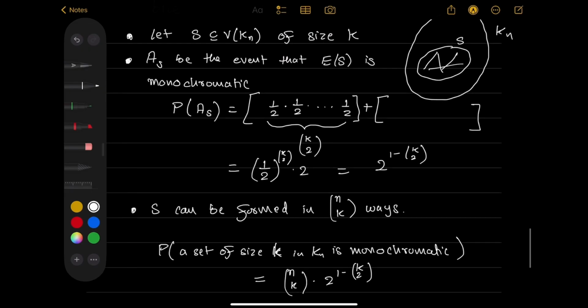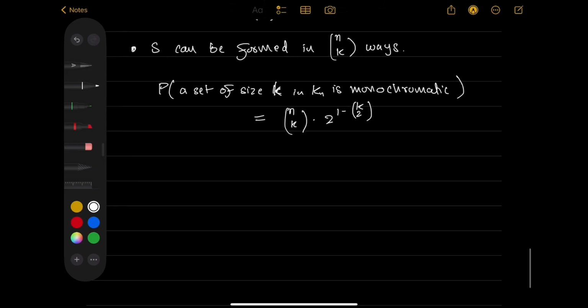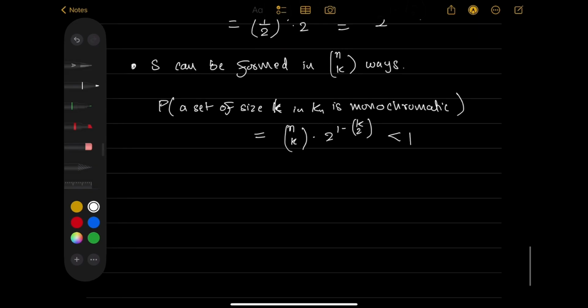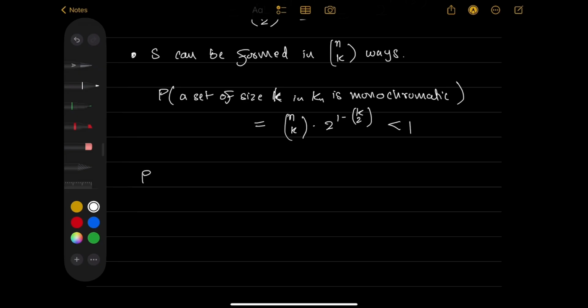Now, in the very beginning we assumed that this value is strictly less than 1. So what does that mean? This implies that the probability of the complement, that no set of size k in Kn is monochromatic, is greater than 0, since the probability of the event is less than 1.